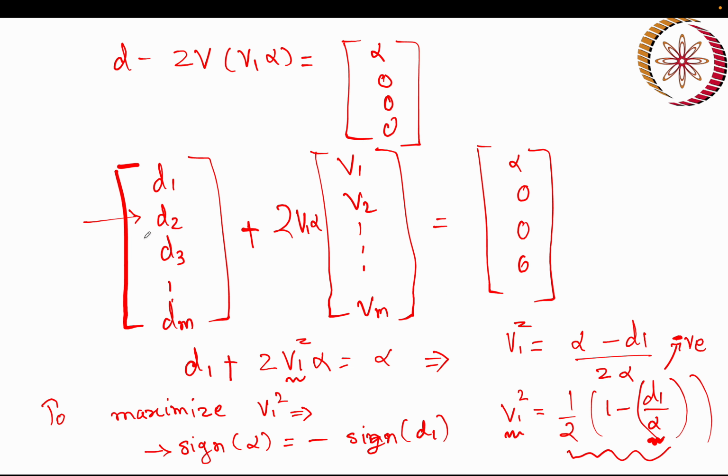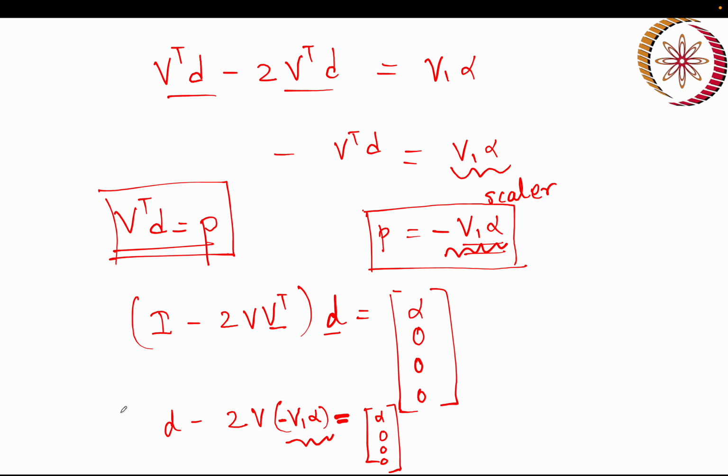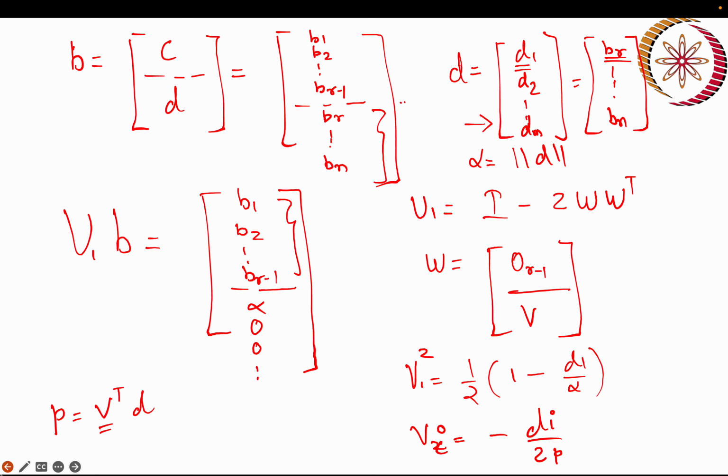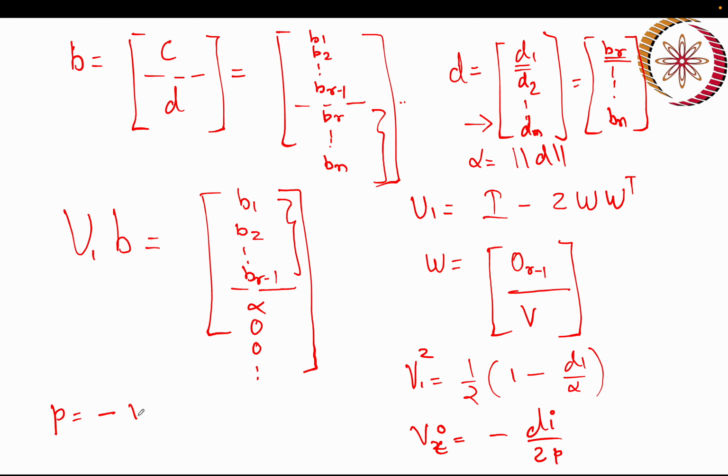Okay, so this d matrix we have, and this v matrix we are finding out, and that itself has this v transpose d, and we also have found out that p is nothing but minus v1 alpha. So I will write this as p equals minus v1 alpha.